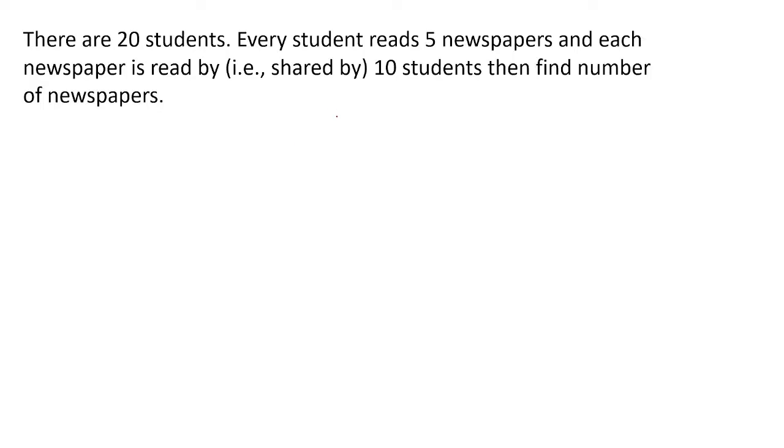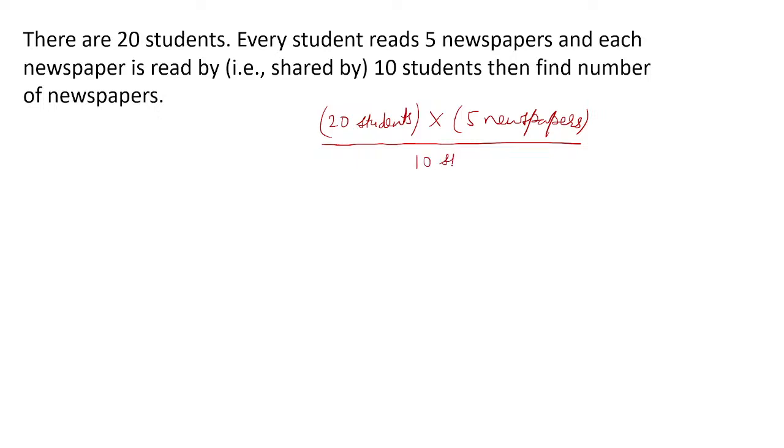Pay attention. 20 students, and every student is reading 5 newspapers. So in total there is supposed to be 100 newspapers, but every newspaper is being shared by 10 students. So effectively you may say there are a total of 10 newspapers.